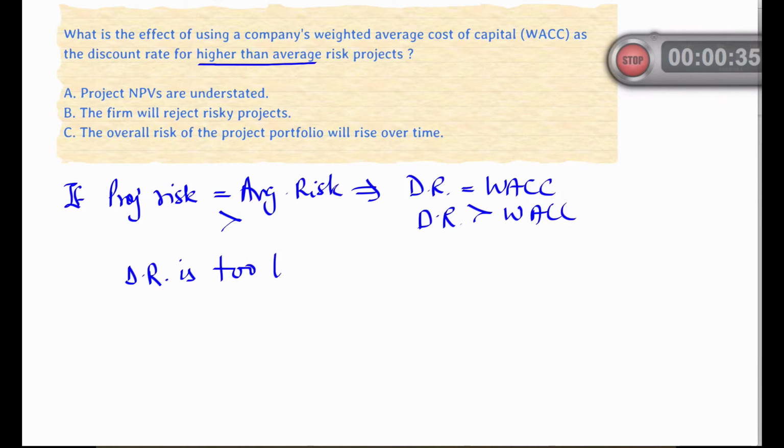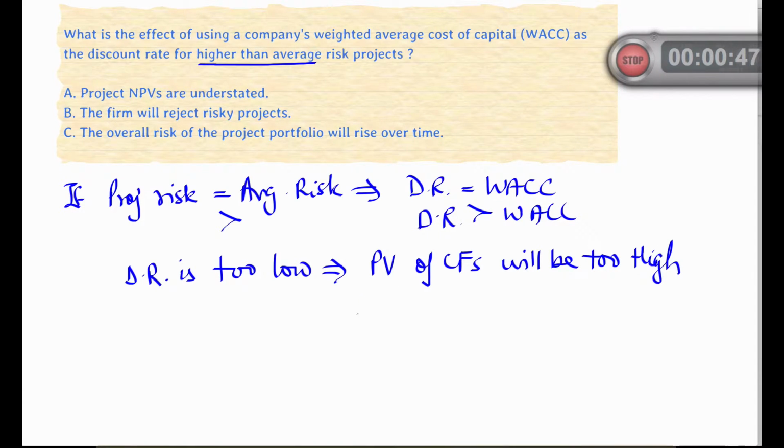So in this instance, if we were to use the weighted average cost of capital as the discount rate, then that discount rate is inappropriately low. And the impact of that is that the present value of cash flows that we calculate will be too high. Risky projects will seem relatively more attractive than they actually are, causing them to be undertaken a disproportionately high percentage of the times that they are considered.